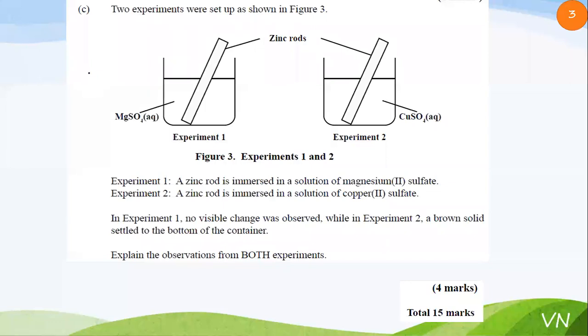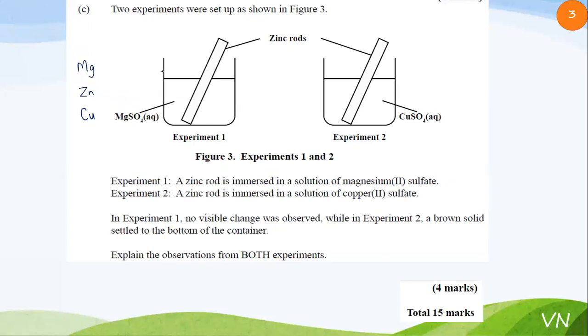So what we have to do is recall the order of these metals in the reactivity series. In order from the top, we have magnesium, zinc, and then copper. So magnesium is more reactive than zinc, which is more reactive than copper.